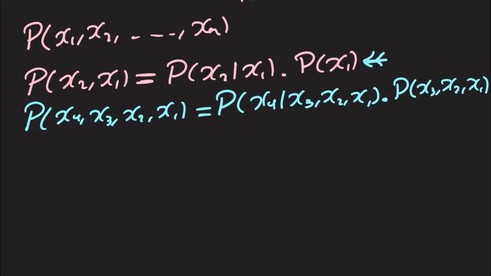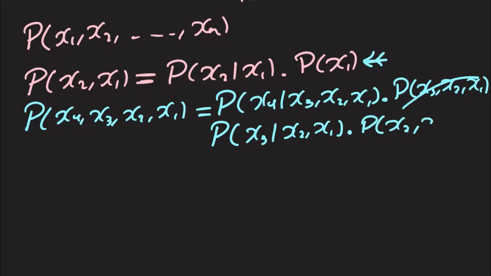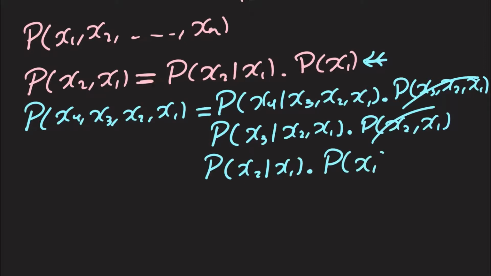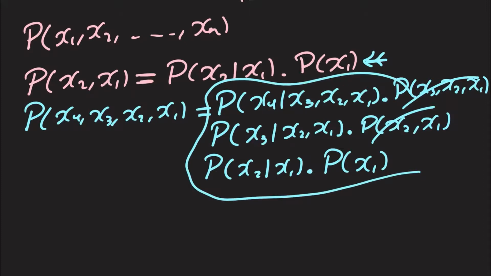Then I'm going to apply the chain rule again here, so we're going to have p of x3 given x2 and x1 multiplied by the probability of x2 and x1, and then again I'm going to apply the chain rule here, so probability of x2 given x1, multiplied by the probability of x1. And here this is a dead end, so this is all we can do to evaluate this using the chain rule.